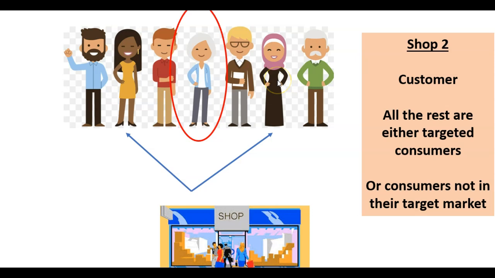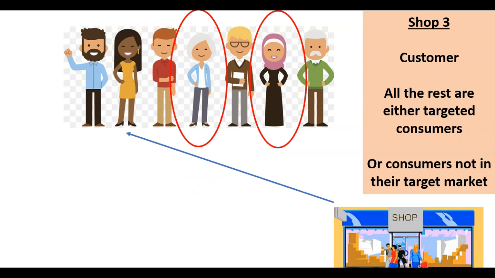These two ladies are still part of their targeted consumers, and the men are consumers, but they're not in their target market, as I've explained. And then finally, shop three has two customers. And this lady here with the arrow is part of a target market, and they haven't won her business as yet. So that's the difference, the relationship between the business and the consumer.